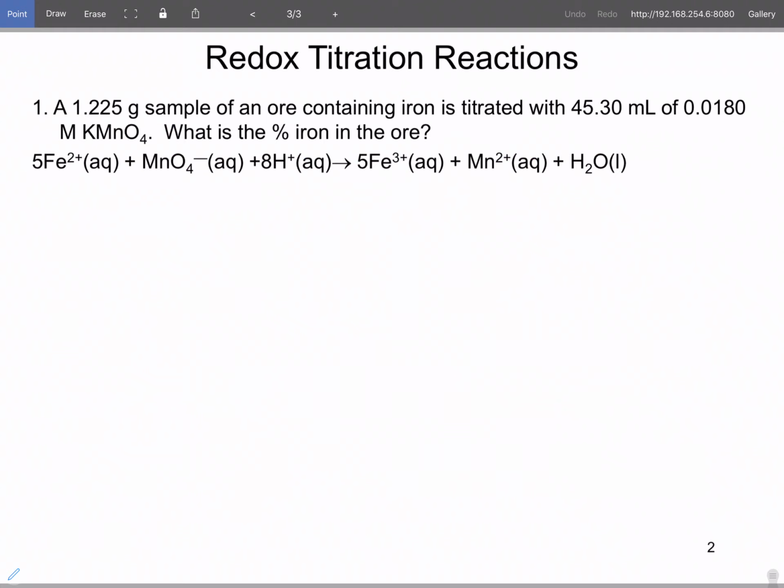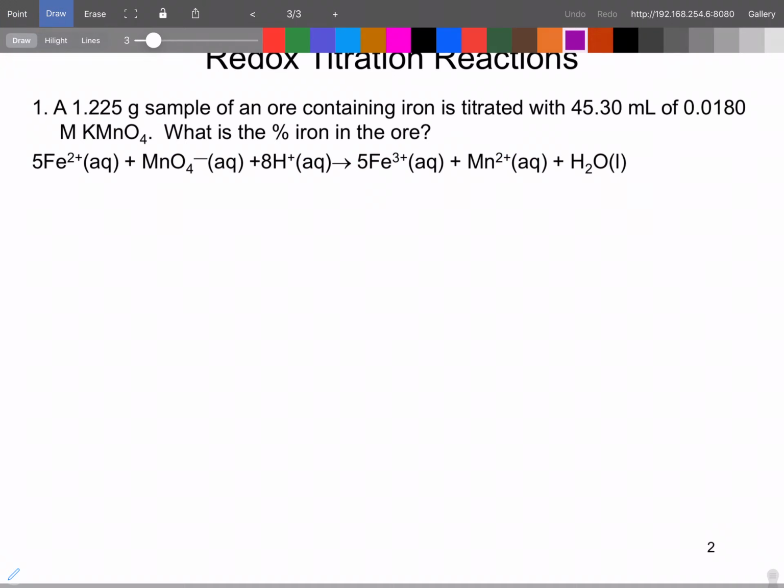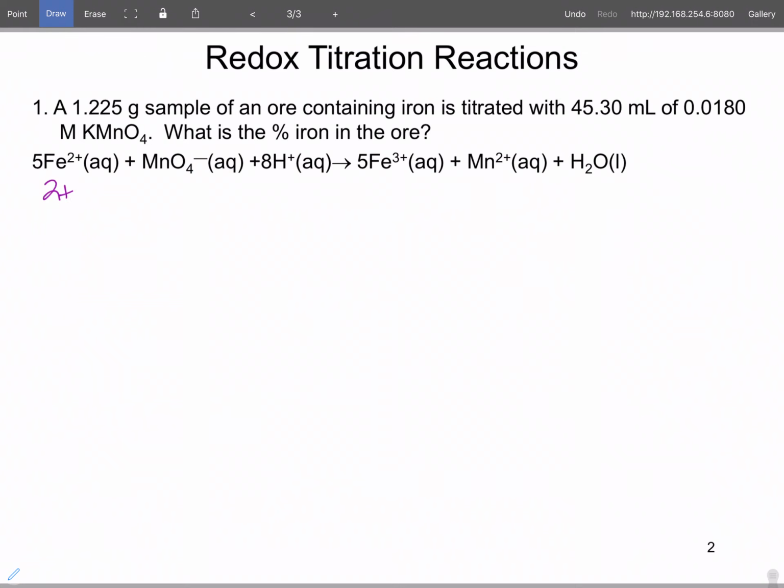We're looking at iron, which is from ore, that they're trying to figure out how much they produced. So if you'll notice, it is a redox reaction because this one is 2 plus, this one is 3 plus, manganese here is 8 minus, so it's 7 plus here and 2 plus here.